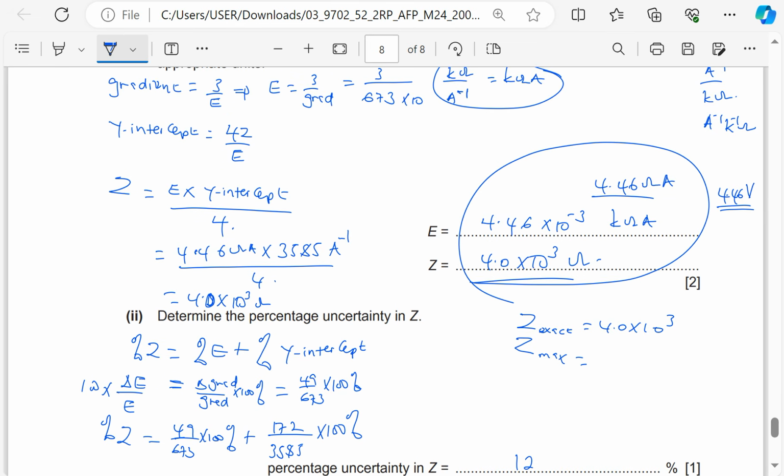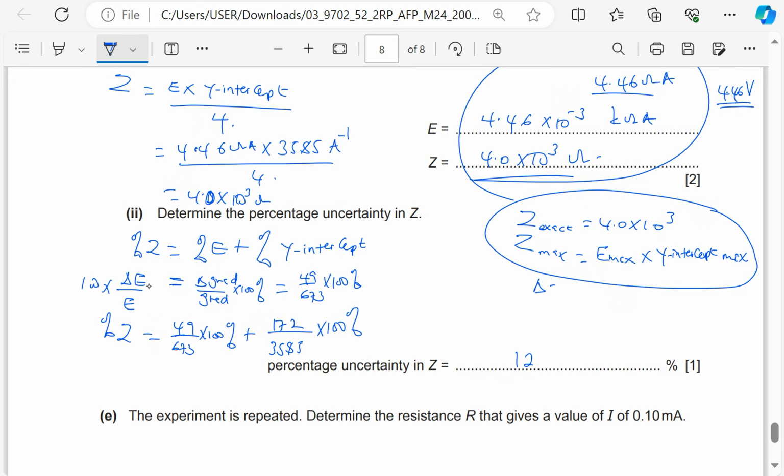You'll need the maximum value of E times the maximum value of the y-intercept divided by 4. So this would be E max times y-intercept max. But this may take a longer method. Then you subtract. The absolute uncertainty in Z will be the difference between these two values.